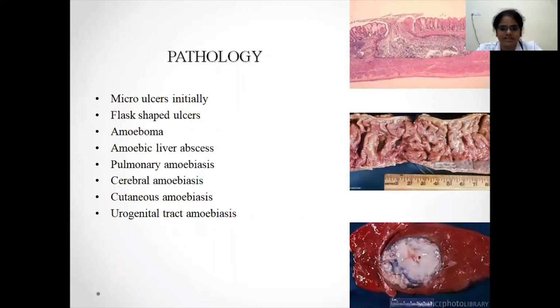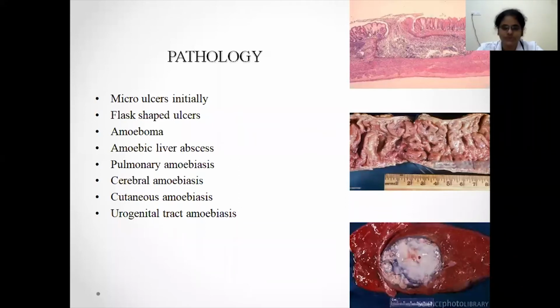The second picture is showing the amoeboma, that is the exuberant growth of the granulation tissue. If we biopsy these amoebomas, you can see the trophozoites of Entamoeba histolytica. Here the differential diagnosis will be carcinoma of the colon, which has to be differentiated based upon biopsy. The third picture is the amoebic liver abscess.